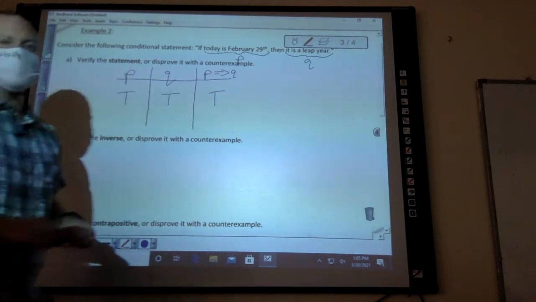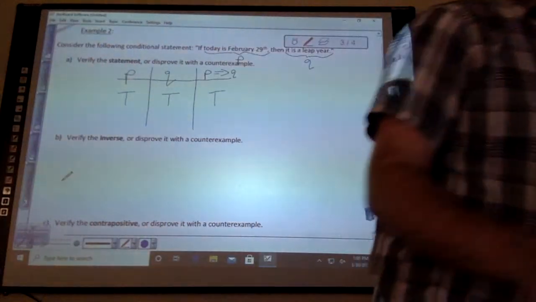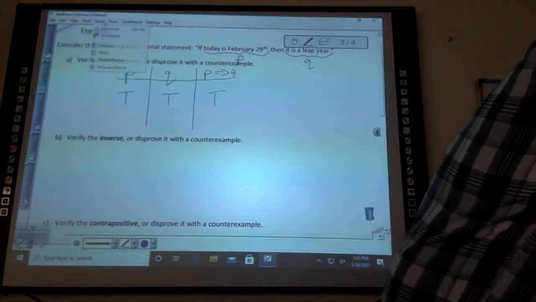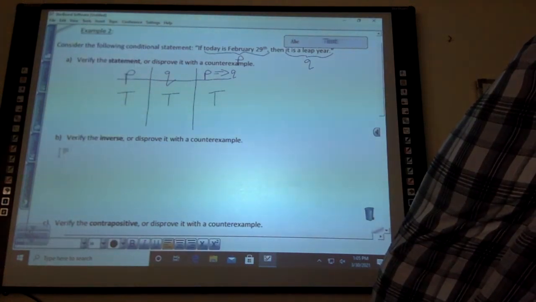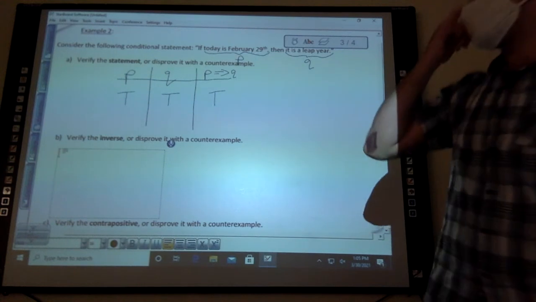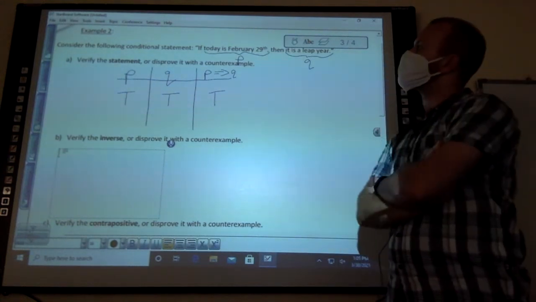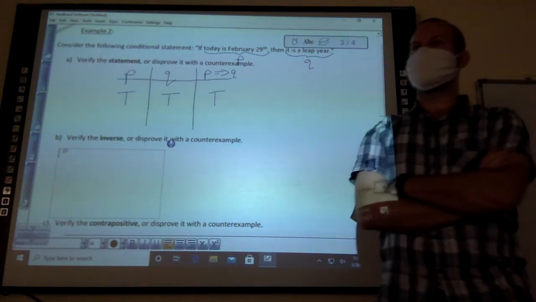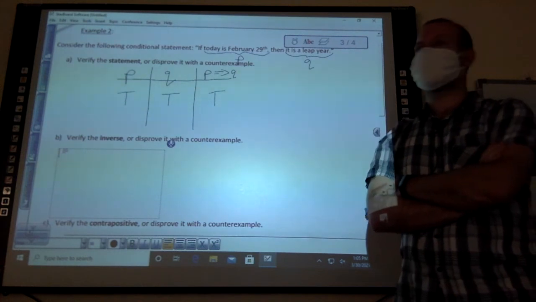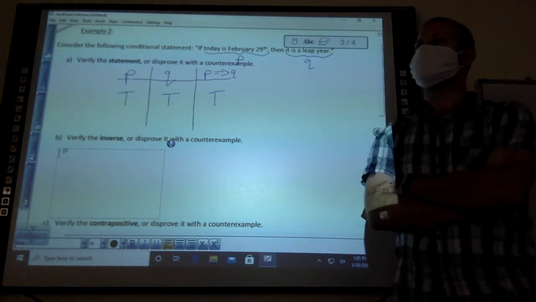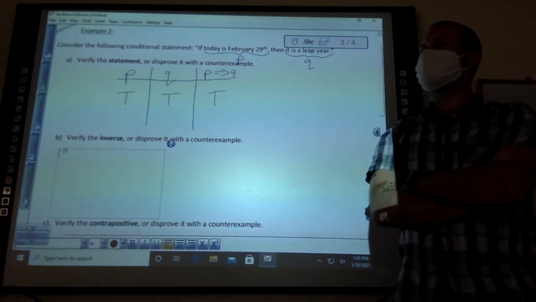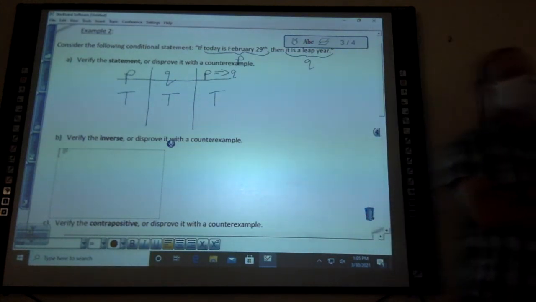Let's talk about the inverse. So what would be the inverse of this? So trying to remember, is inverse the negation? Is it just switching them? Which one is the inverse? If you need help, you can flip to the page before.